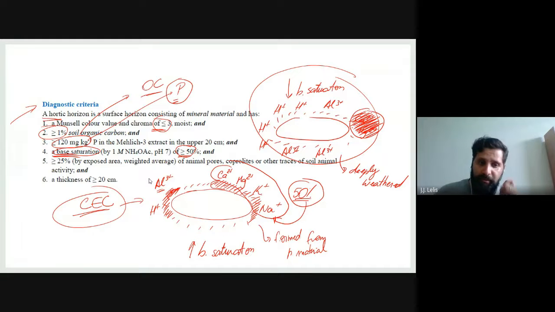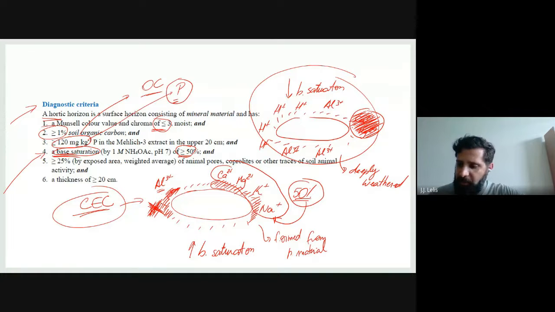Okay, and in general, soils and surface horizons that are affected by man present a high base saturation because we generally try to increase the base saturation. How do we do that? We increase the pH. If we increase the pH, we release these hydrogens from the surface of the clays.